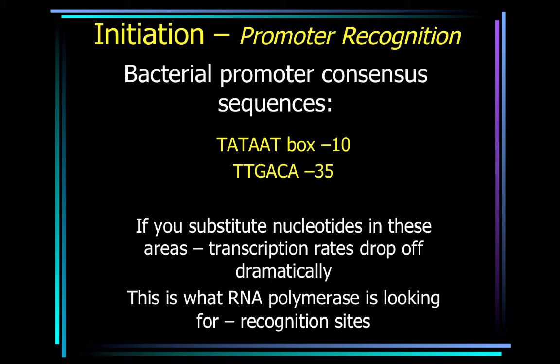And the transcription rates really drop off and it becomes very, very inefficient. So these consensus sequences are what RNA polymerase is looking for. So it's looking for these two recognition sites so that it can know exactly when to start bringing in new nucleotides to form the messenger RNA strand.